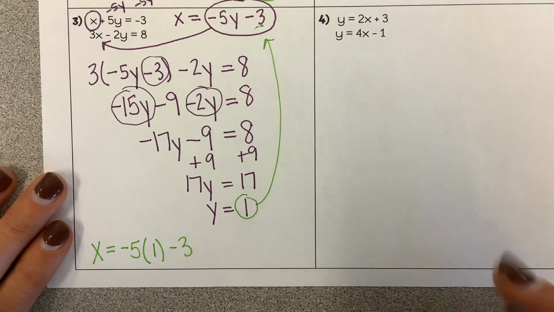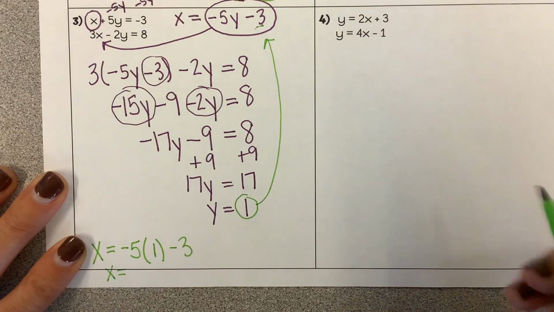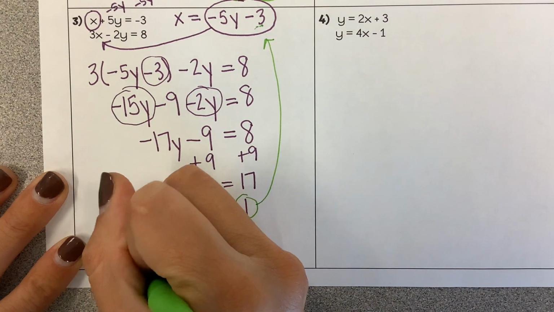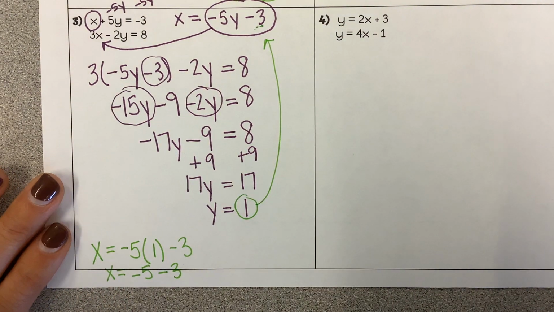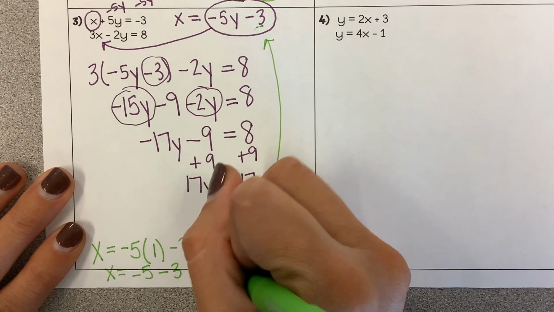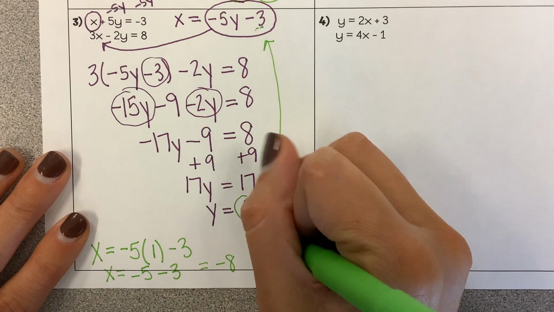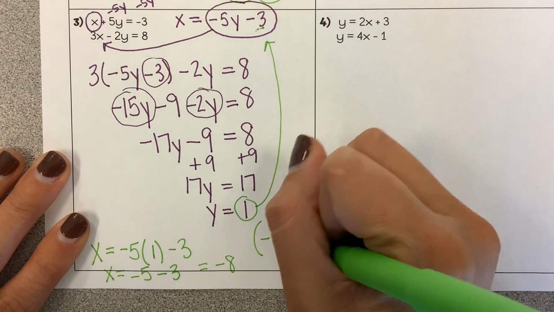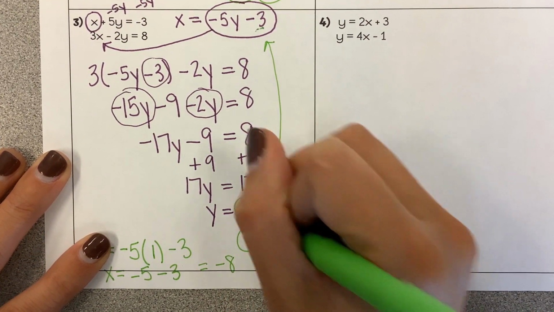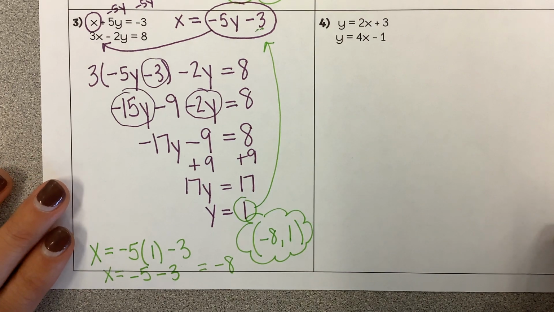So x equals negative 5 times 1 is negative 5, minus 3, and negative 5 minus 3 is negative 8. So our ordered pair, x comes first, negative 8, y comes second, 1. So our solution is negative 8, positive 1.